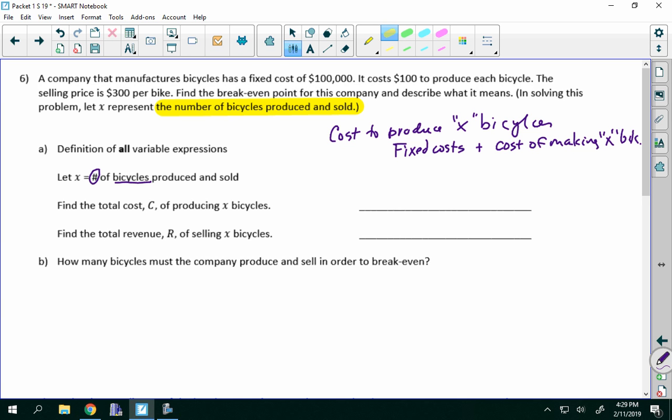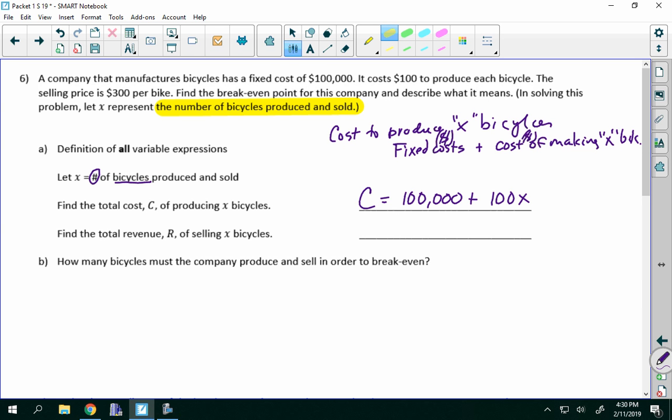Each one of these is in dollars, because in mathematics we can only add dollars to dollars. So let's define the cost to produce X bicycles. That would be 100,000 plus 100X.